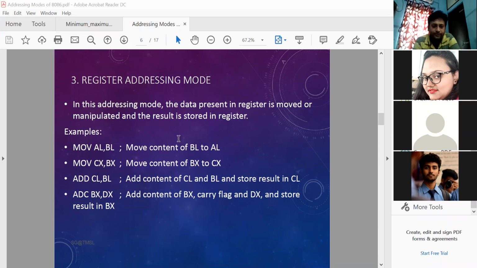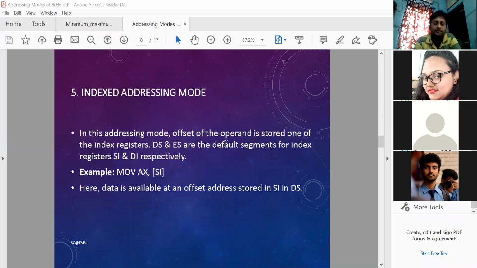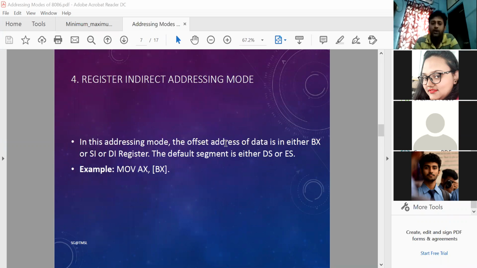Okay? The next addressing mode is register indirect addressing mode. Here the memory location is not specified directly, it is specified indirectly, like we used in the 8085 microprocessor.